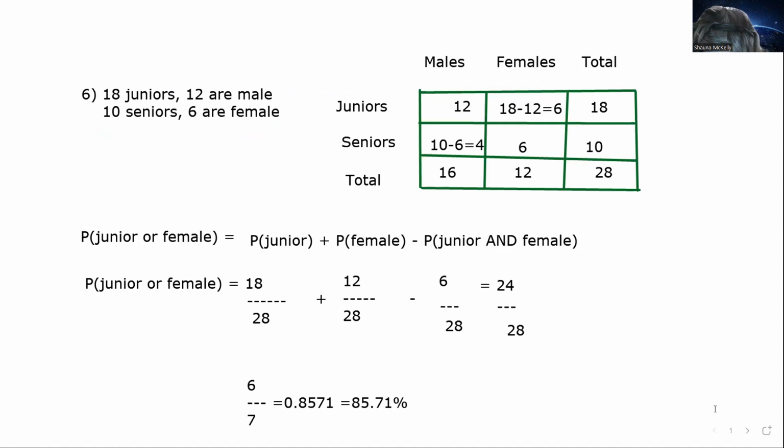The probability of being a senior, there are 10 of them. 10 over 28. Okay. 10 over 28, the probability of being a senior. Probability of being female is 12. 12 out of 28. So you have this.